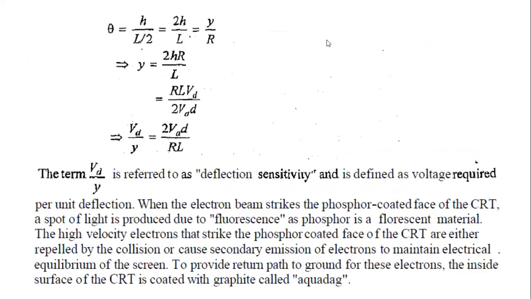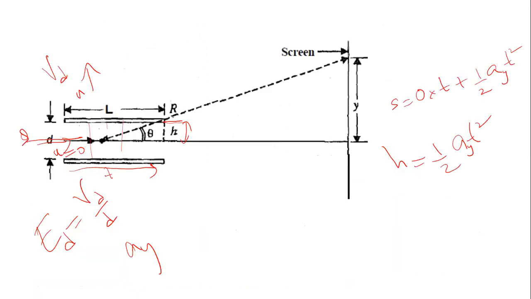Now here we can see that theta is defined like this. In reality, if you have deflection plates and an incoming charge here, the charge will be slowly but continuously deflected as it passes through the deflection plate.